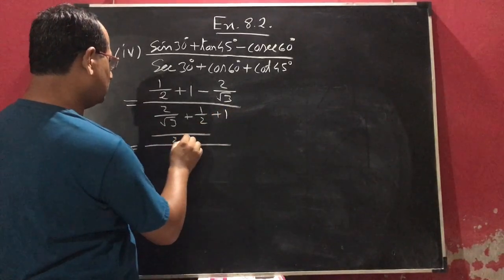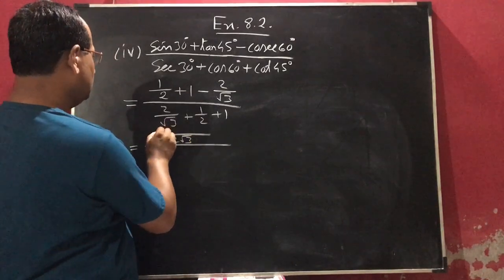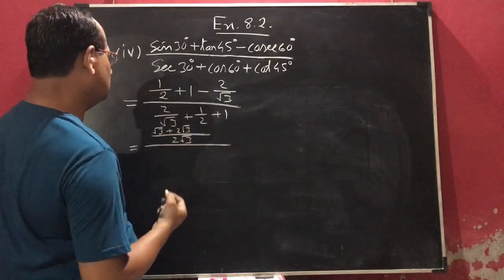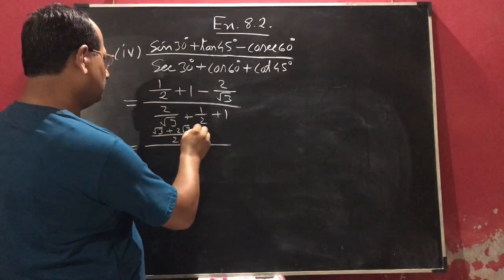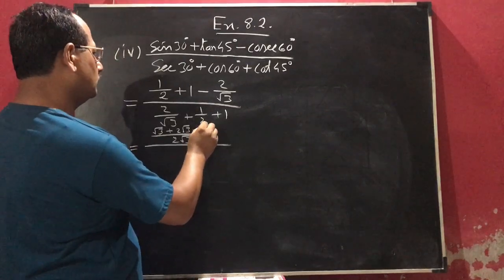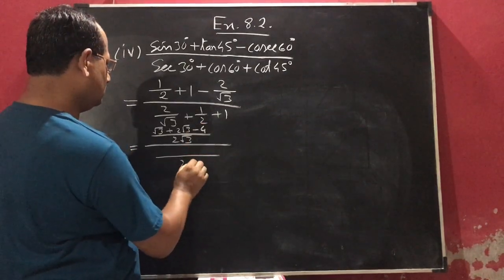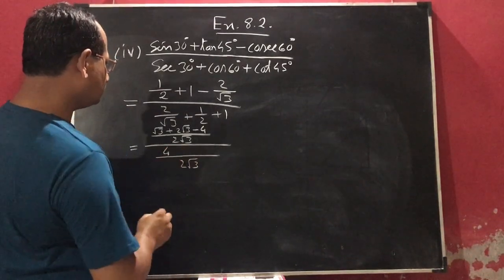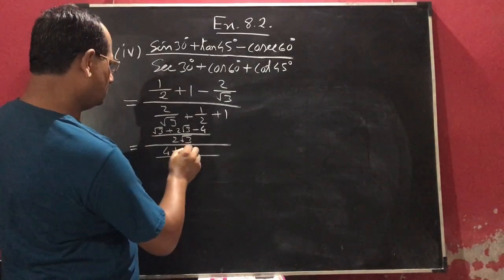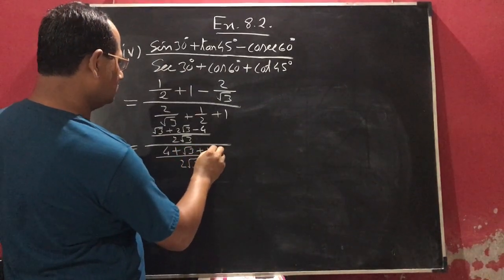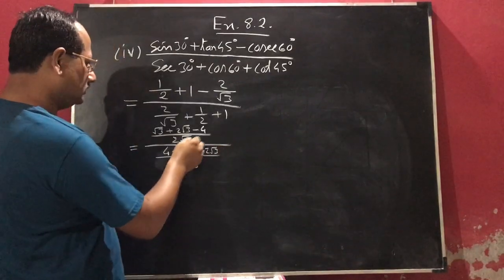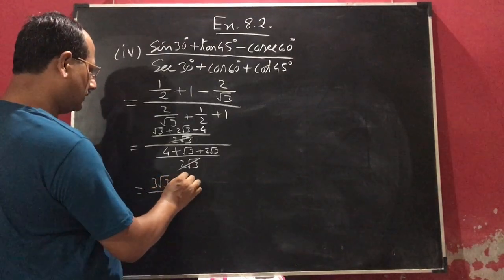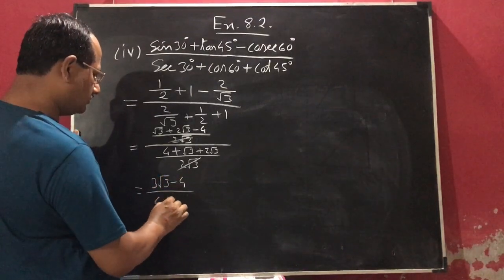Now take common, that LCM 2 root 3, plus 2 root 3 minus 4. Then it is 2 root 3 plus root 3 plus 2 root 3. 2 root 3 cancel. Then 3 root 3 minus 4 is equal to 4 plus 3 root 3.